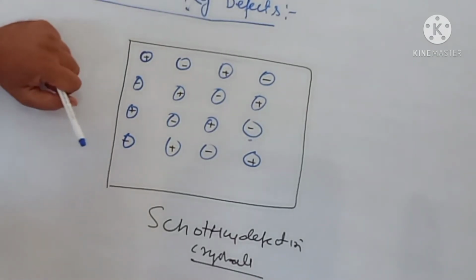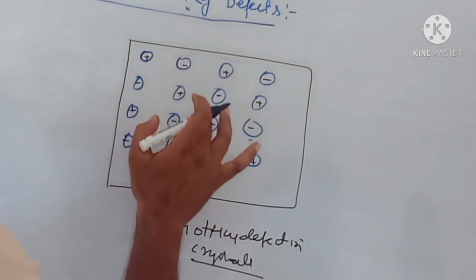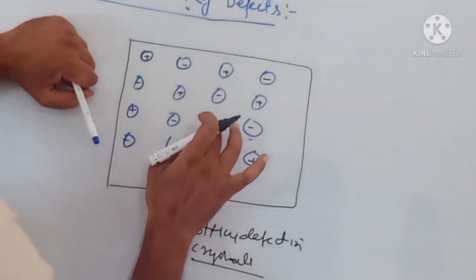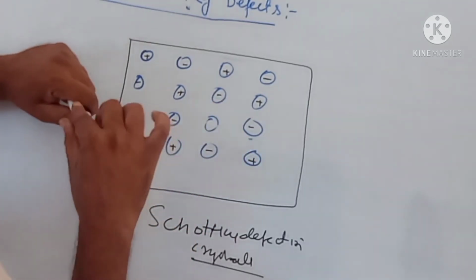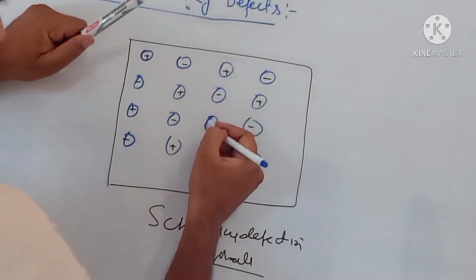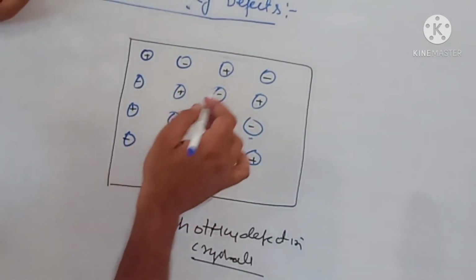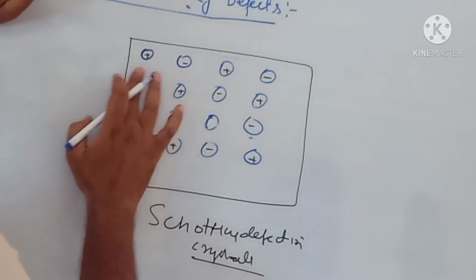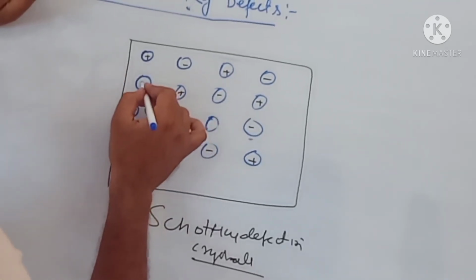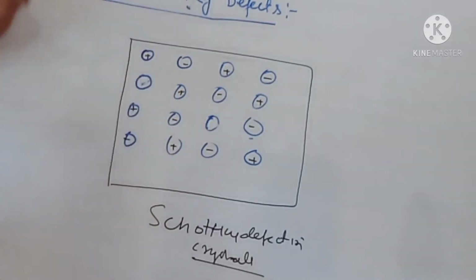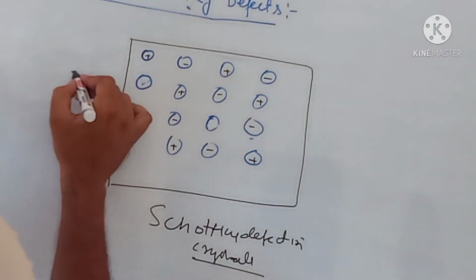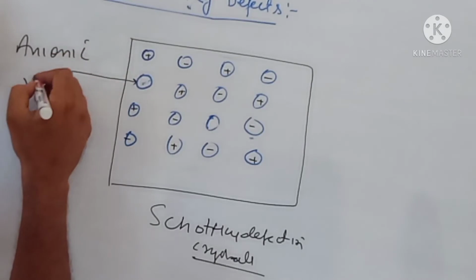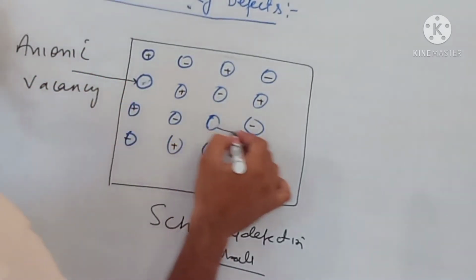Now in some conditions one cation is missing, and on the other side one anion is missing. Here one anion is missing, so this is known as an anionic vacancy, and this is a cationic vacancy.